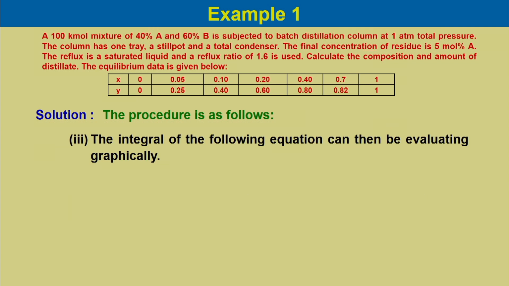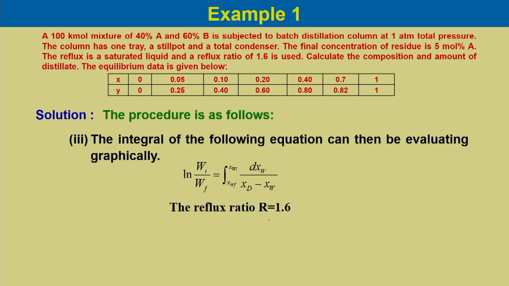The integral of the following equation can be evaluated graphically. So, this is the equation. We have a set of values of xd, xw, and from there we can calculate 1 by xd minus xw, and we can calculate the area under the curve graphically to get the integral value.